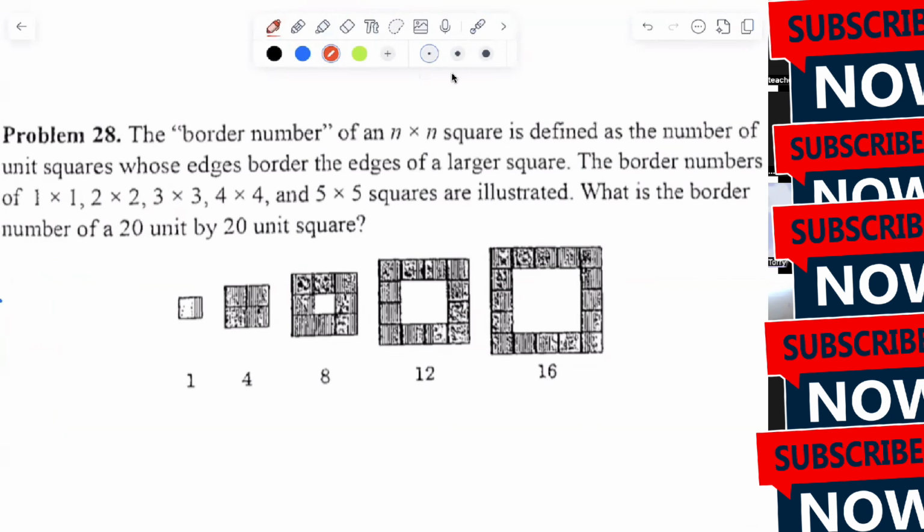So now find the border number of a 20 by 20 square. Here's a really neat way. Maybe I'll give you a hint: maybe look at the total area subtracted by the blank area to find the shaded area. I'll give you that hint, okay? I'll let you guys solve it and we'll talk about it in 7:55.